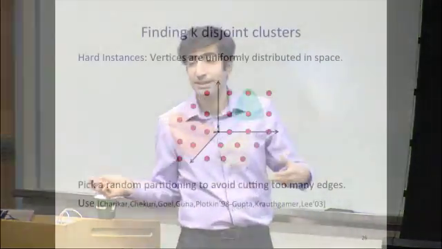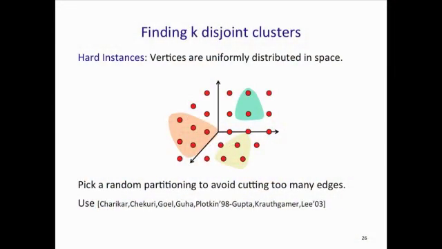Now let me tell you about the second component, which is how we choose these k disjoint clusters. Okay? In the previous component, I wanted to argue that the vertices cannot be concentrated in 2-3 places, right? Now, the difficulty is if the vertices are kind of uniformly spread.